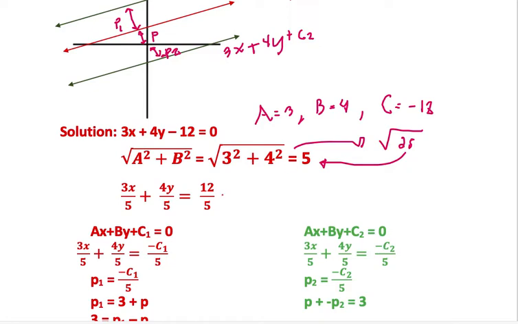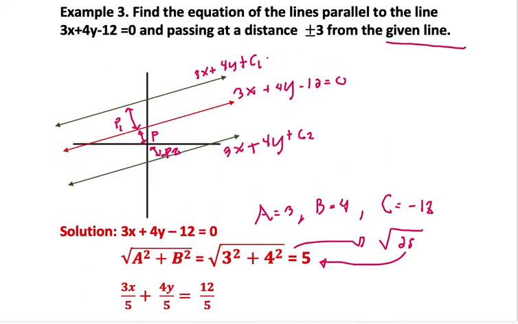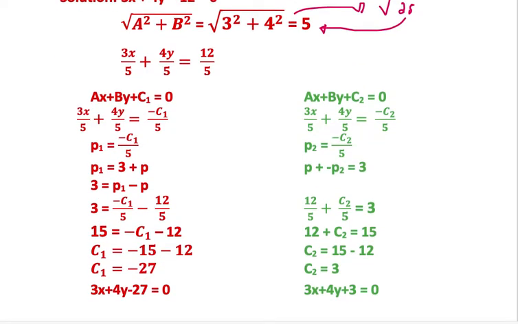Okay. So, since we already have the reduced form of the normal form of a line, let us use the equation given here in order to identify the equation of the line. So, we need to use the P sub 1. So, 3x over 5 plus 4y over 5 equals negative C sub 1 over 5. So, this will be our P sub 1. So, P sub 1 equals negative C sub 1 over 5.